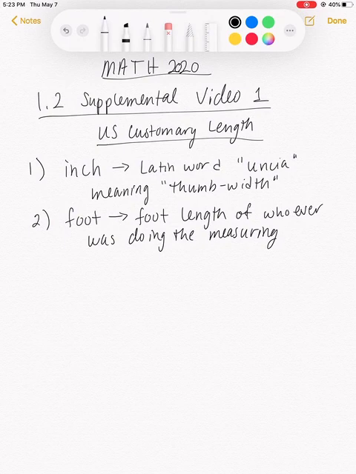There's a relationship between inches and feet that we're going to study for our conversions. So there are 12 inches in 1 foot.